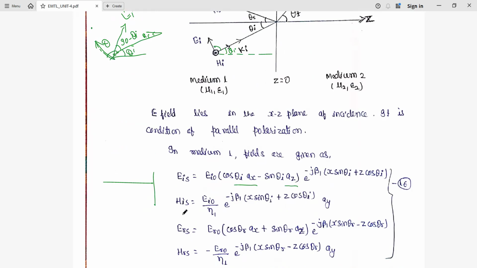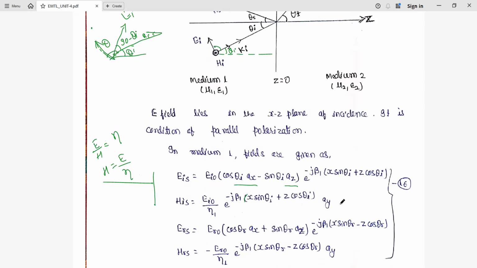Similarly for the magnetic field, we can write H_I0, but we already know the relation between E and H is equal to eta. So the magnetic field H can be written as E by eta. In medium 1, it is E_I0 by eta_1, e to the power minus j beta_1 (x sin theta_I plus z cos theta_I) a_y.